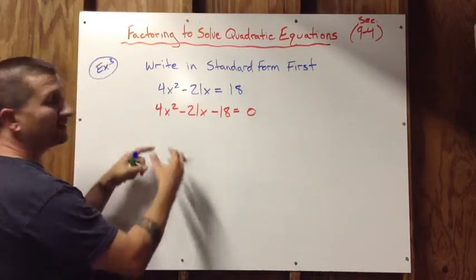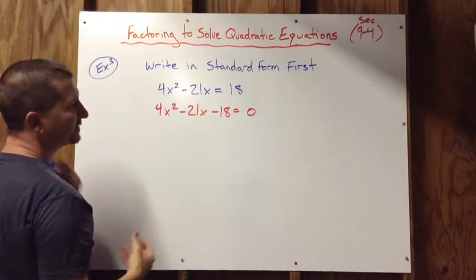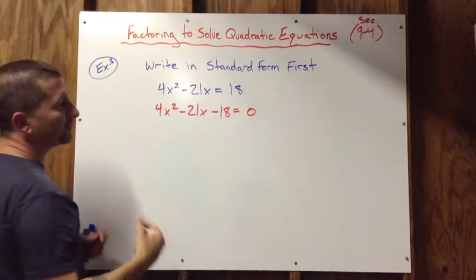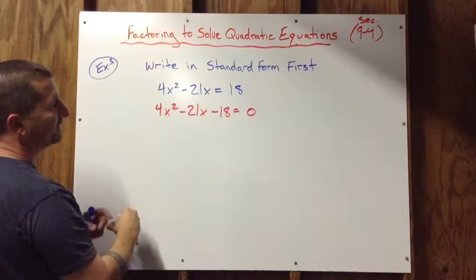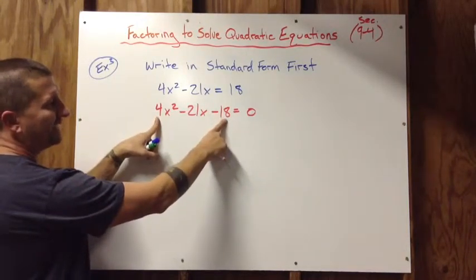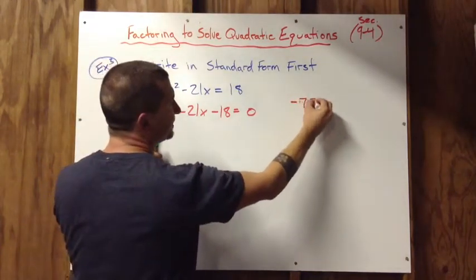Now from here, we need to factor the trinomial into two binomials. There is no common term, no greatest common factor from the monomial, so we can't factor anything out. So we're going to have to find the product of a and c, and that product is negative 72.